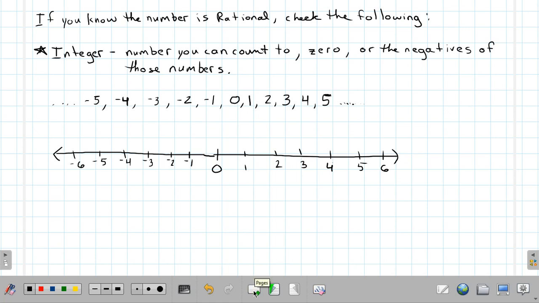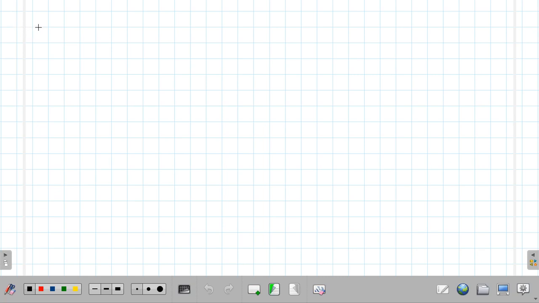Now, if you know your number is rational, then you know your number is an integer, and we'll go through this when we look at the examples, then you can check and see if your number is what we call whole, okay?